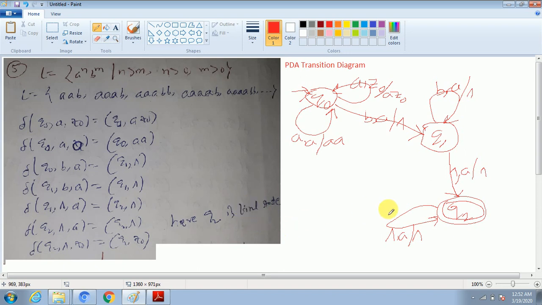At last, input is over and stack is over, in the sense the coming input is null, top is Z0, and the top is still mentioned as Z0. This is the equivalent transition diagram for the language L equal to a power n, b power m.